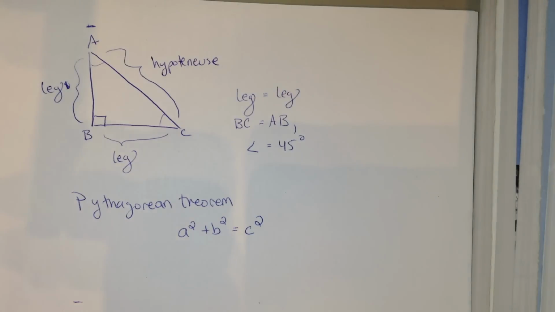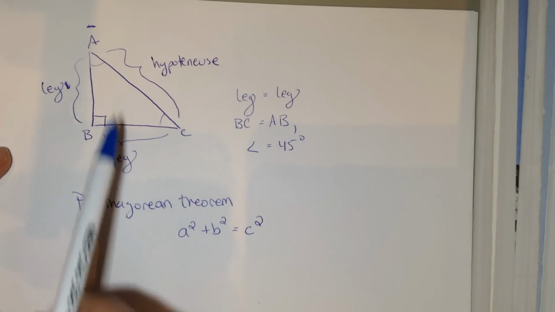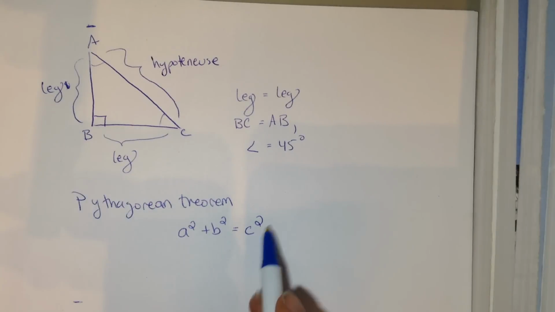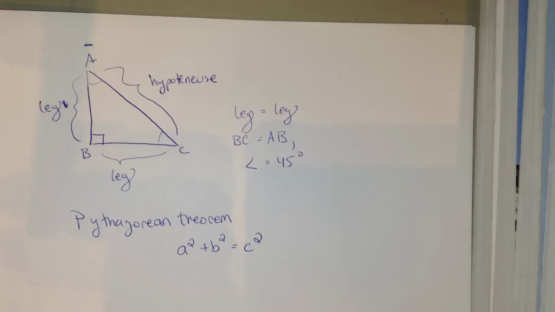What this is saying is that if we call one leg A and the other leg B and the hypotenuse C, the square of the hypotenuse is equal to the sum of the squares of the legs. So if you know the length of the two legs, you should be able to find the length of the hypotenuse. If you know one leg and the hypotenuse, you should be able to find the other leg. This is going to be handy when we start looking at some actual problems.